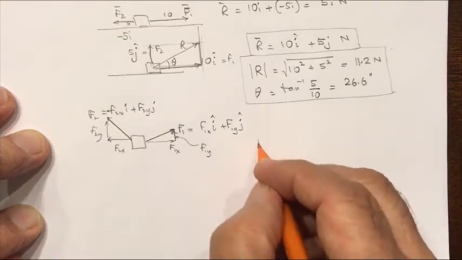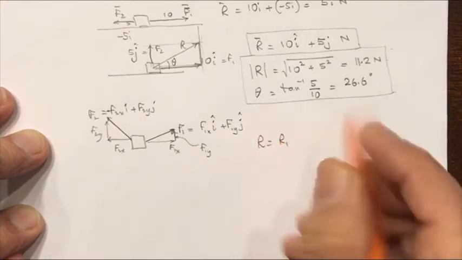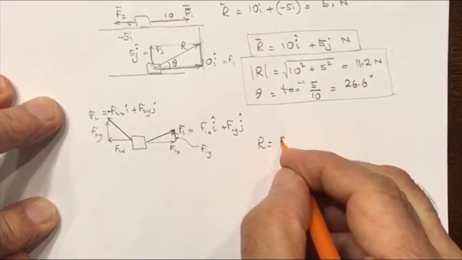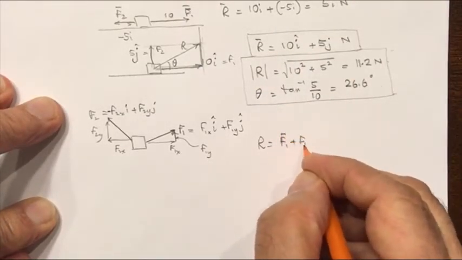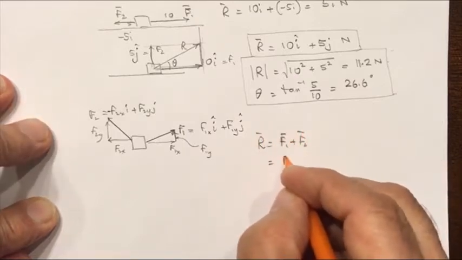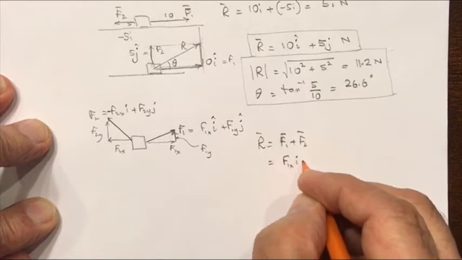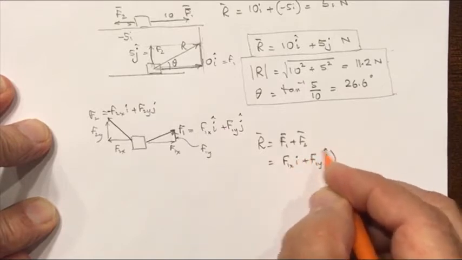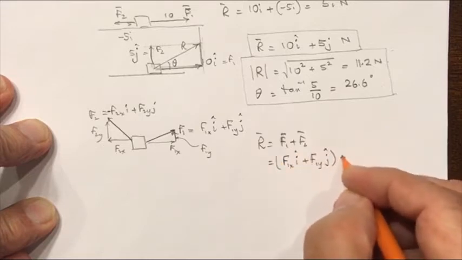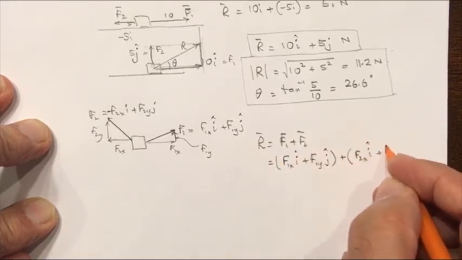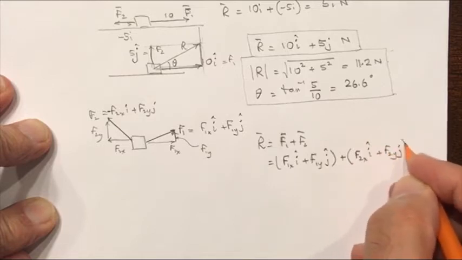And then the resultant, which is F1 plus F2, would be F1x i plus F1y j plus F2x i plus F2y j.